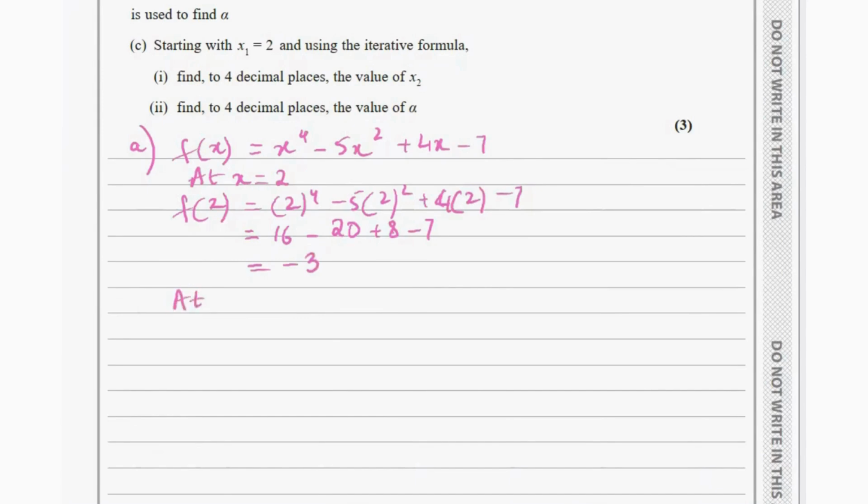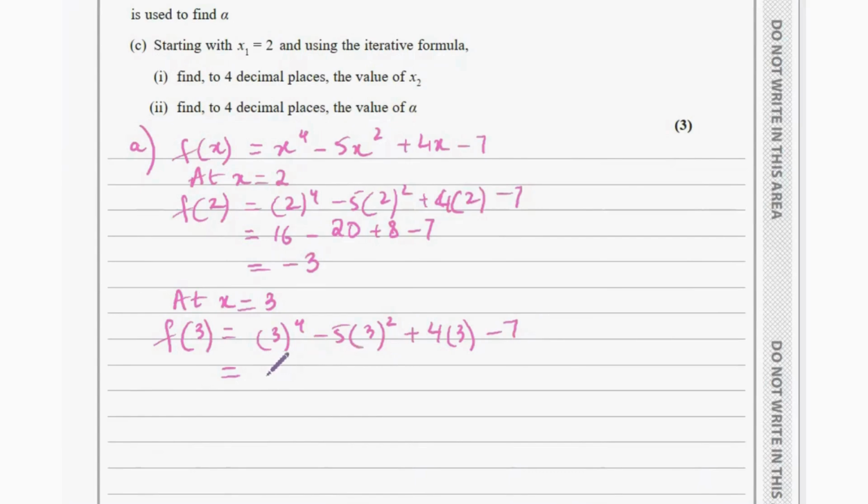Now at x equals 3, it's going to be 3 to the power 4 minus 5 times 3 squared plus 4 times 3 minus 7.